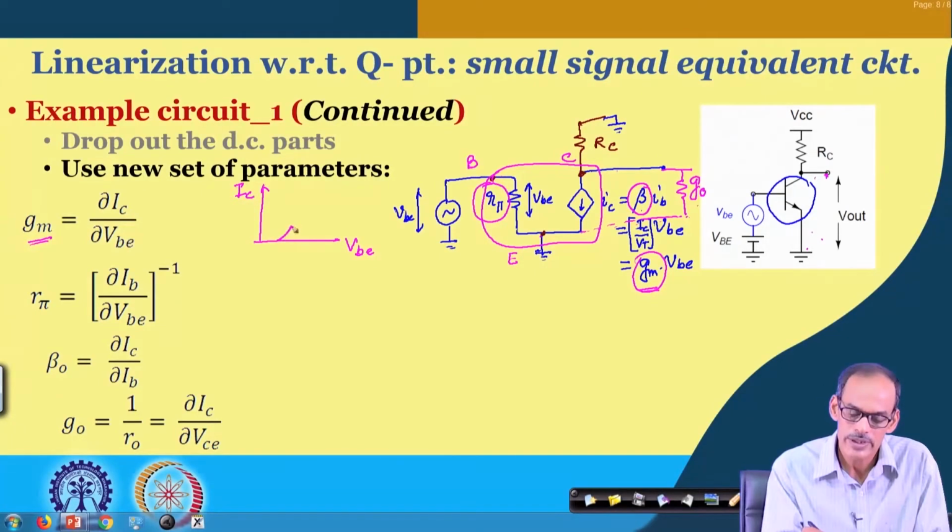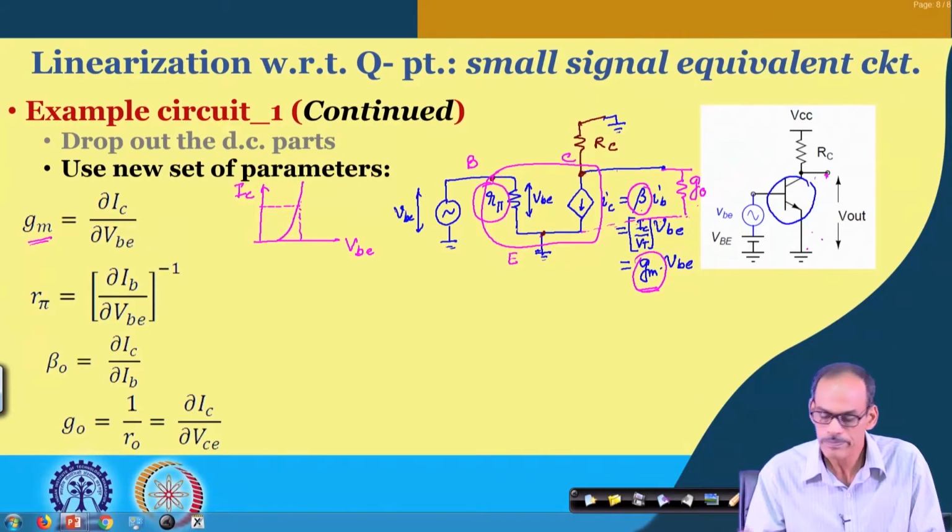This characteristic curve is exponential, and with respect to some DC point or Q point we are linearizing it.